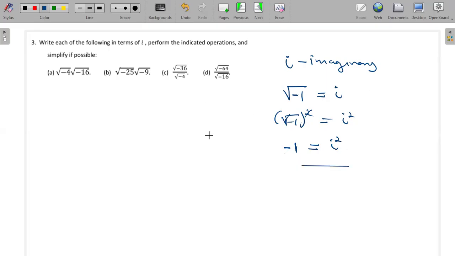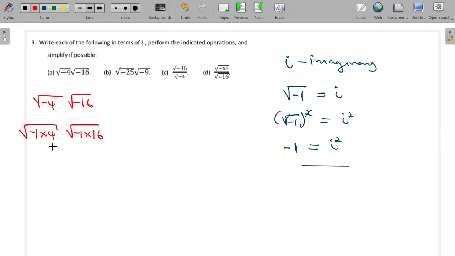This is what is important for us to know, plus what we learned earlier on radicals. So now let's handle this question. The first one here, they're telling us there's negative root 4, then negative 16. You can write negative 4 as negative 1 times 4, and negative 16 as negative 1 times 16.